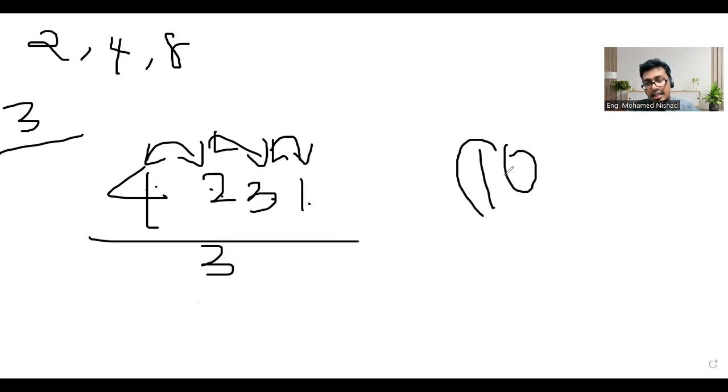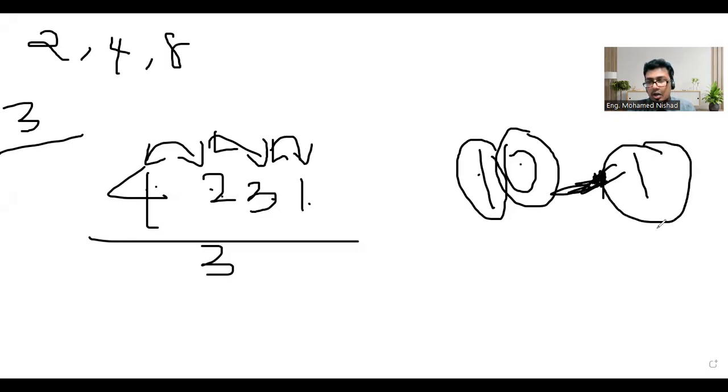You can even add these two digits together as well: 1 plus 0 is 1. So 1 is not divisible by 3. Therefore, the entire number is not divisible by 3.